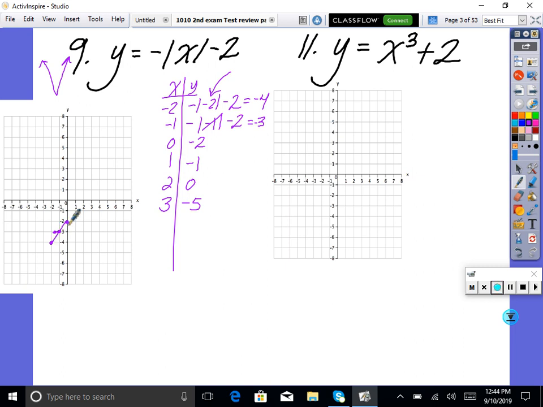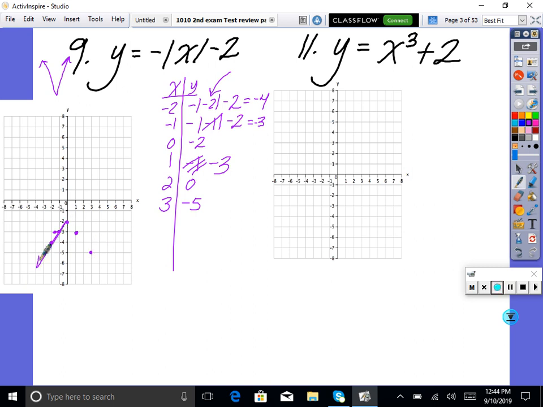Okay, that's better. Then over 1, down -1. If we plug in 1, we shouldn't get -1, we should get -3. That's where my problem is. So then we're going over 1, down 3. And then if I plug in 3, I should have -5. Over 3, down 5.